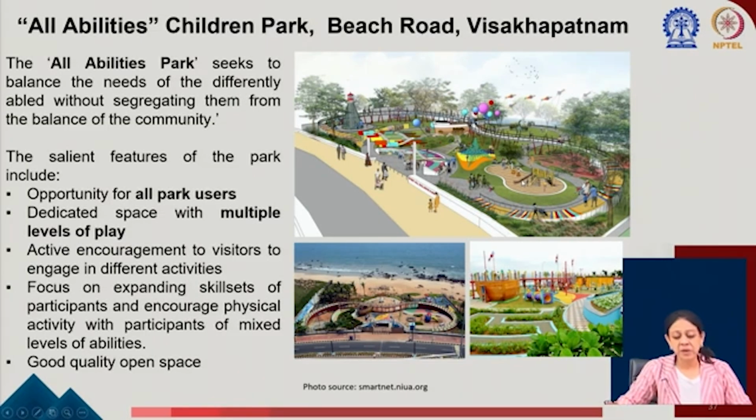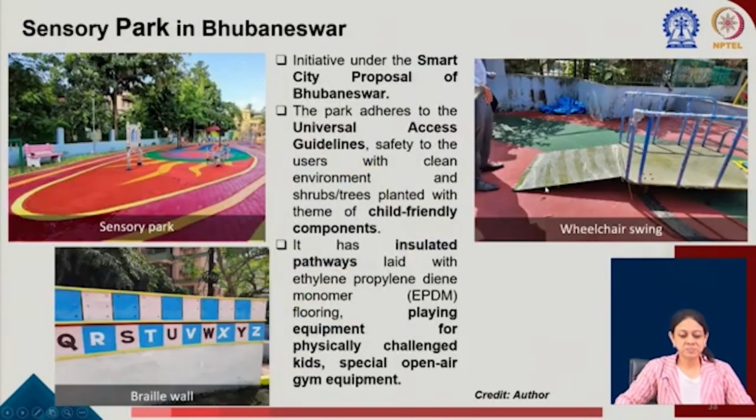So, it is a space with transgenerational features, where though it is a children's park, even elderly people can come and sit, and under their vigilance, their supervision, children can play. When we talk about vulnerabilities, we are also including children as well as elderly people. So, this is a very good way of integrating the two vulnerable groups of society, so that they look after each other.